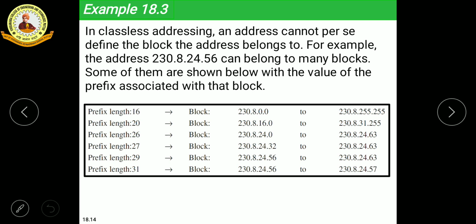If the prefix length is 20, again it is 230. If the prefix length is 26, again it is 230. All the first parts are the same here. Then coming to the second parts, they are also the same up to some point. This is the problem that will happen if you use address masks. We will discuss it further.